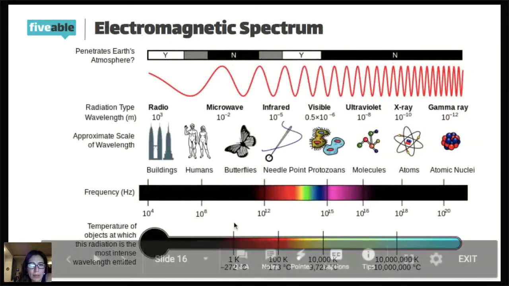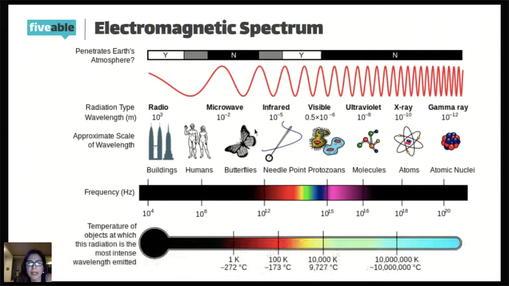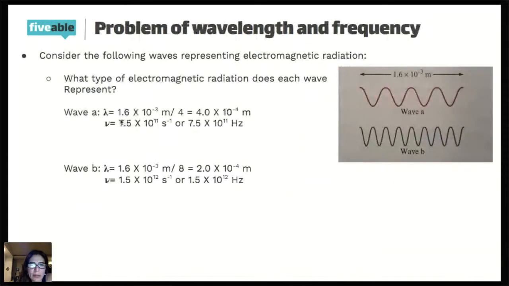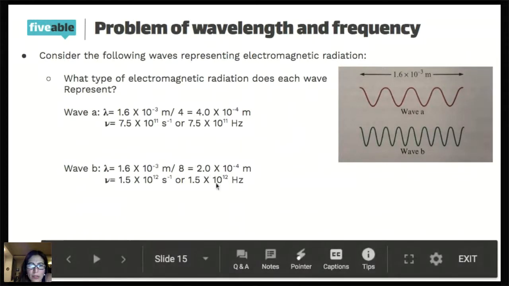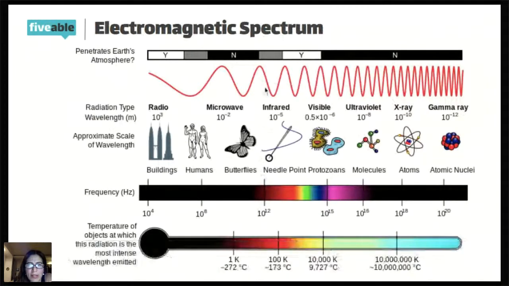We don't have a specific value, but if we go back to the frequency values of 10 to the 11 hertz and 10 to the 12 hertz, they correspond to this area. Here is the frequency value of 10 to the 12. So that is closer to the infrared section of the electromagnetic spectrum.